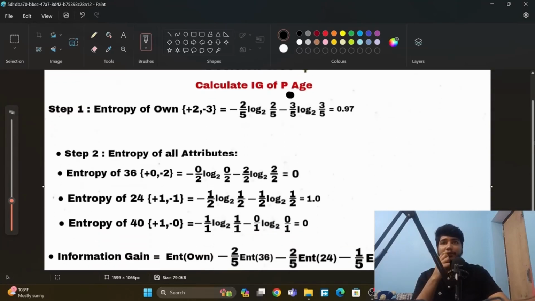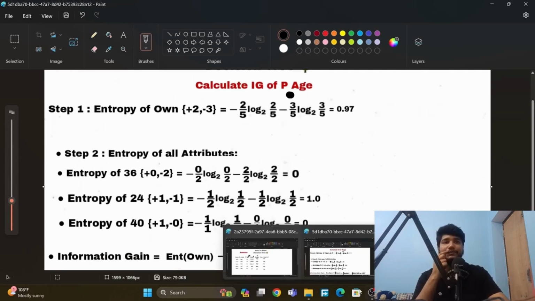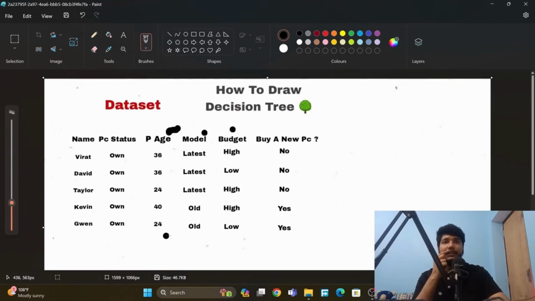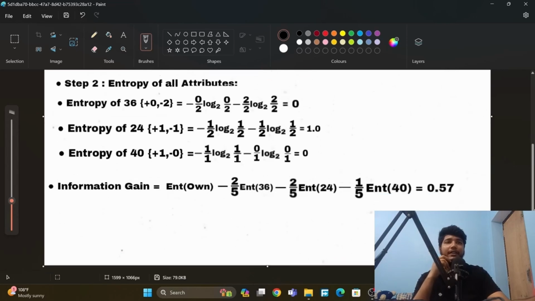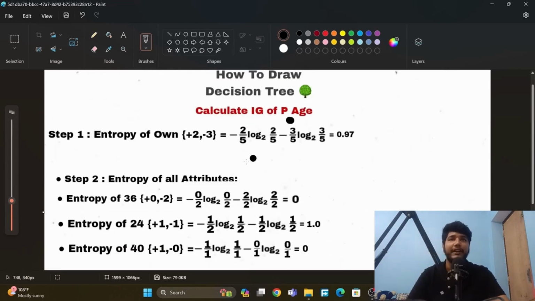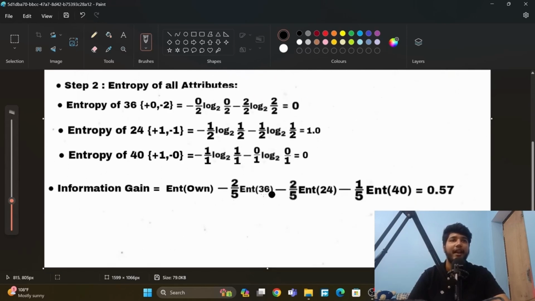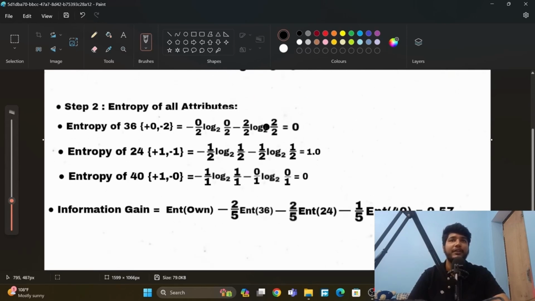Inside person age there are the values 36, 24 and 40. We will calculate the entropy of all those values. The value 36 has 0 yes and 2 no, plus 1 yes and 1 no. We have calculated that from here, and here is the information gain, and here is the total yes or no in the data set. Into the entropy of 36, this is here, and we have done it again and got this value.